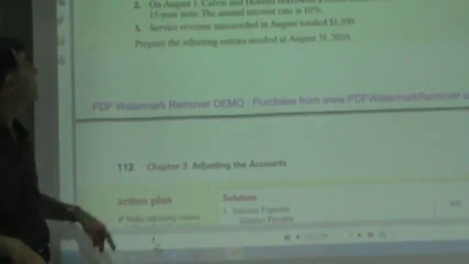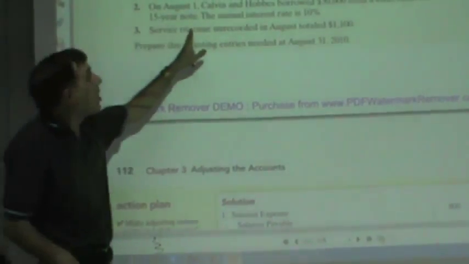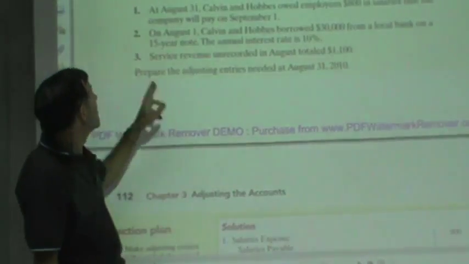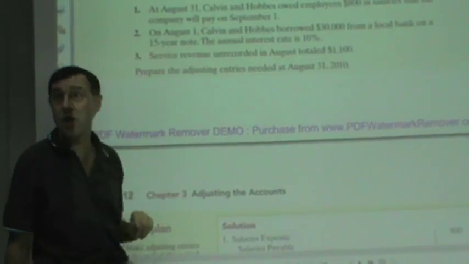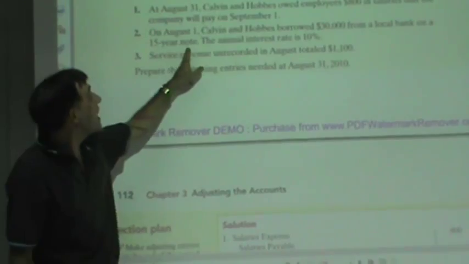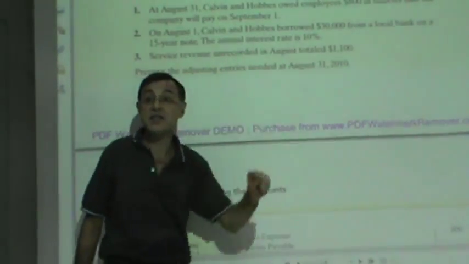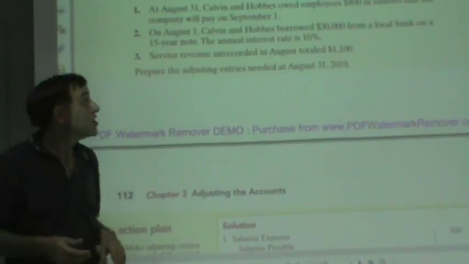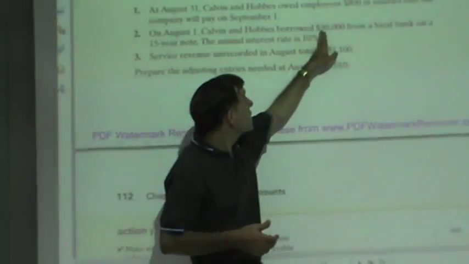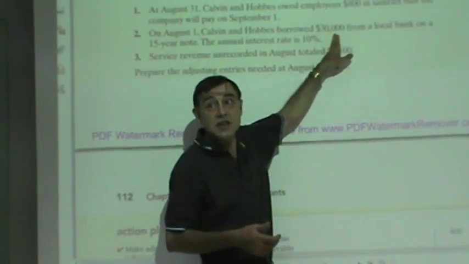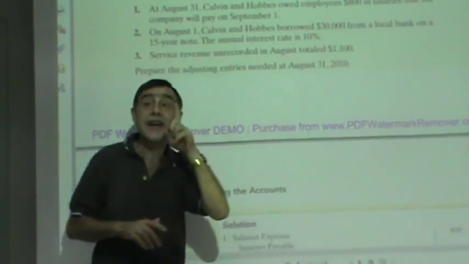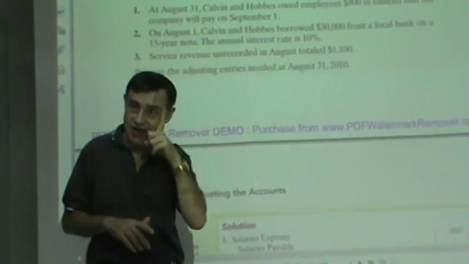So that's number one. Number two, they borrowed 30,000 from a local bank, okay? On a 15-year note. And the annual interest rate is 10%. So now we need to do some calculations here. First of all, we need to calculate the interest, okay?